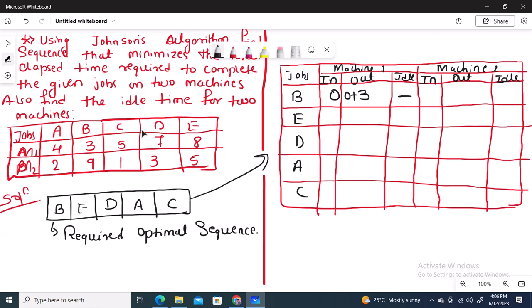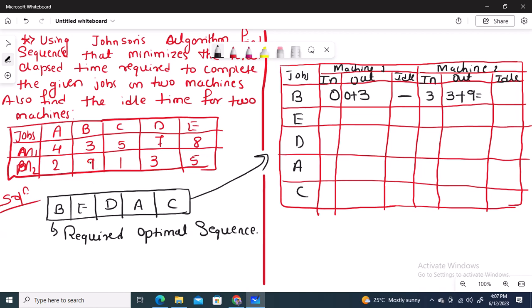Now for job B, machine 2, how much is it? 9. Machine 2 will start working after machine 1 completes its work, meaning the 3 hours must be completed first. So the in time for machine 2 will be 3 hours. Out time will be this 3 hours plus the job allocation time for machine 2, 9 hours.